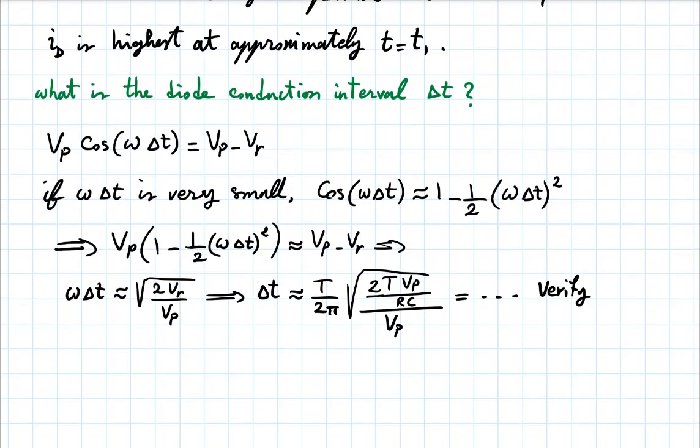So that's an expression for the diode conduction interval. That's the part of the cycle during which the diode is on, charging the capacitor up.